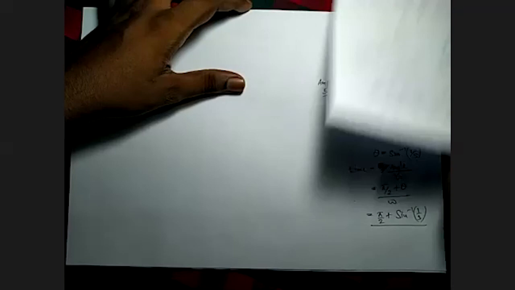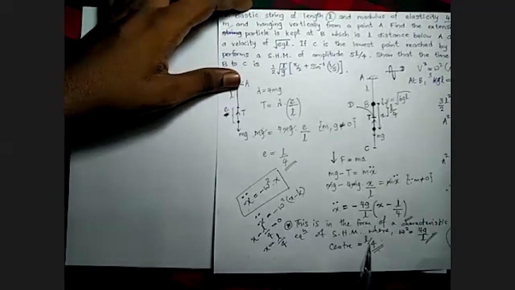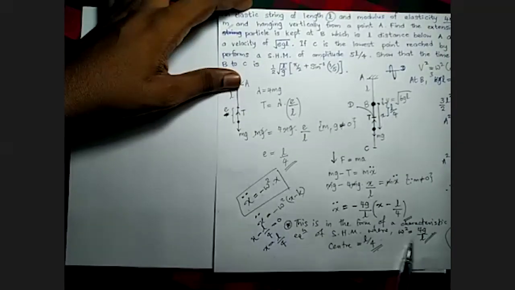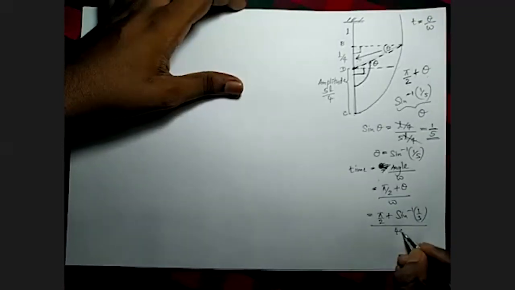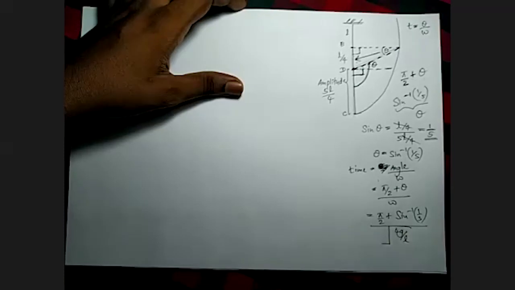What is our omega? Omega from the previous section. Omega square is 4g over L. That is omega square, and omega is the square root.